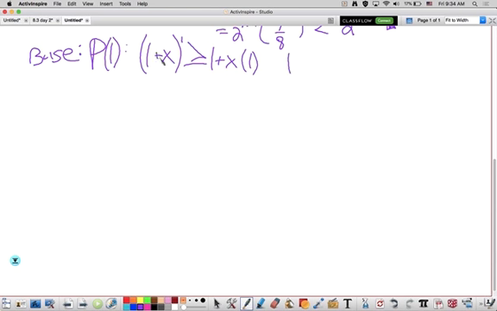This is supposed to be a plus. 1 plus x equals 1 plus x. So that checks the base case, works out.